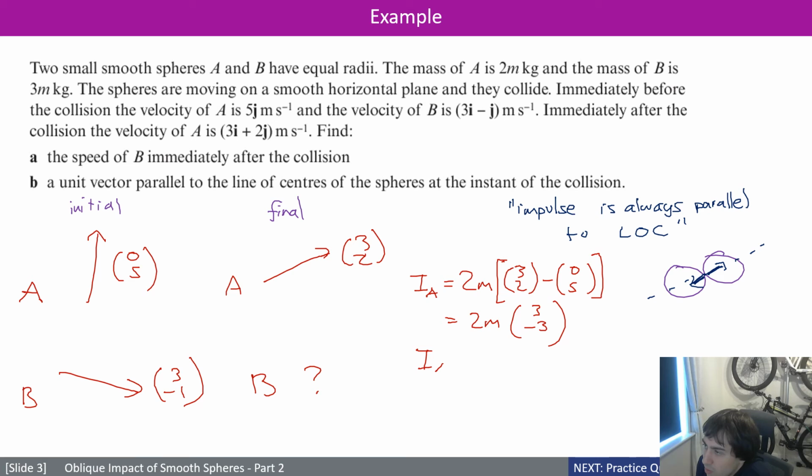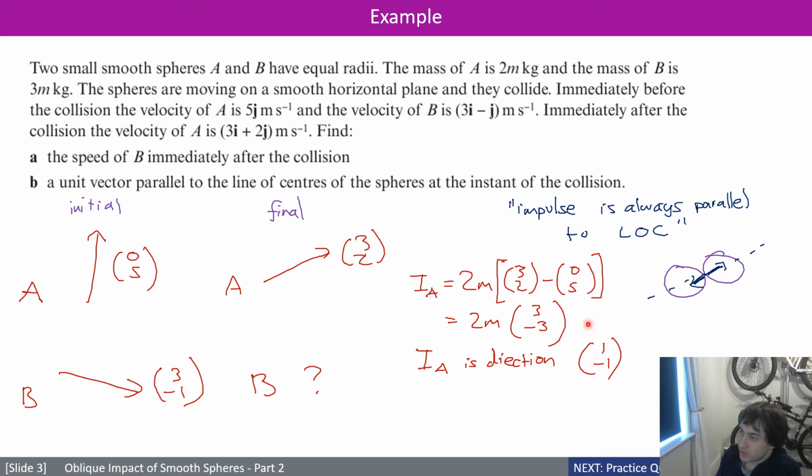Now, the multiplying scalar, the 2m, doesn't really particularly matter. In fact, neither does the fact that 3 is a factor of all of these. We're just going to say IA is direction, and let's just pick a simple vector. In this case, I'm going to pick 1 minus 1, which is clearly a multiple of this one, right? It's basically dividing it by 6m, and we get this.